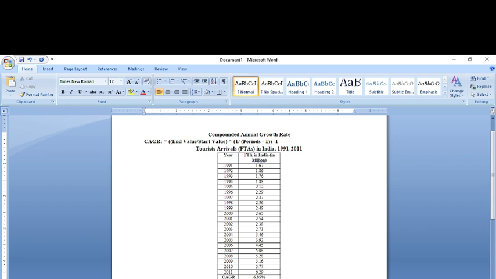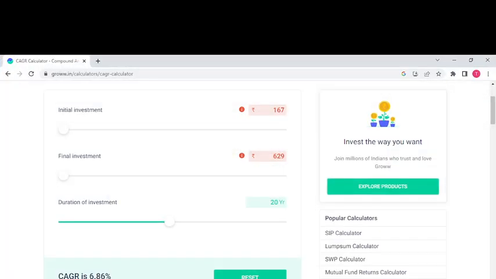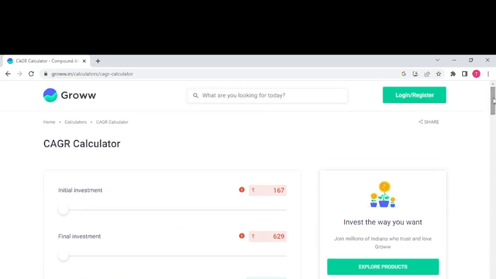Another way, a quick way of calculating the CAGR is to go online. We have several online calculators for CAGR. So I've also calculated it online. The initial investment was 1.67 and the final investment is 6.29.